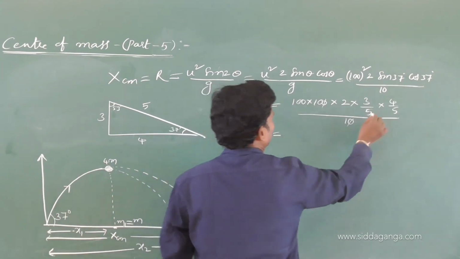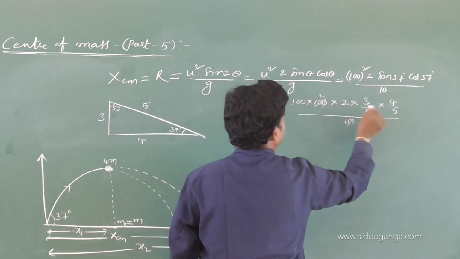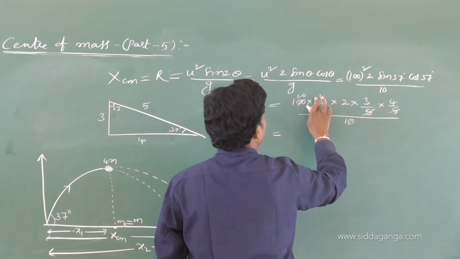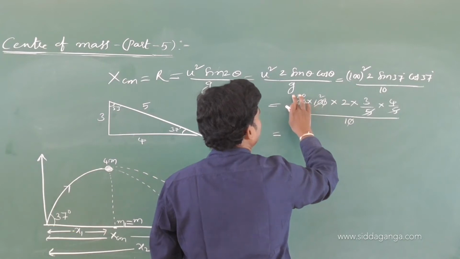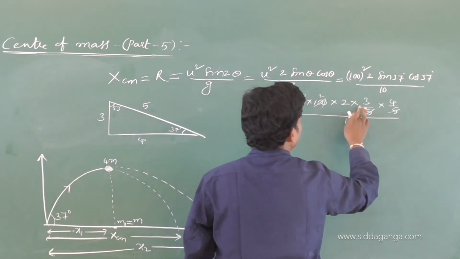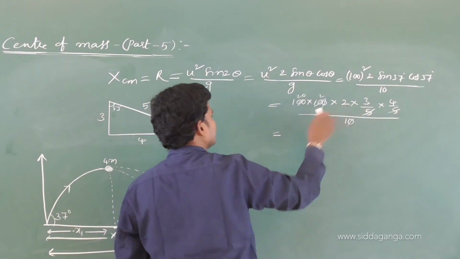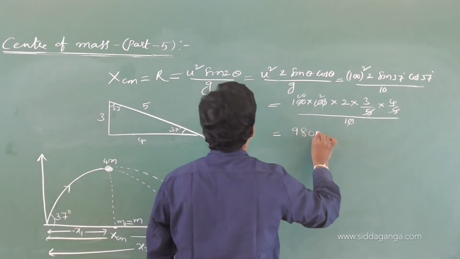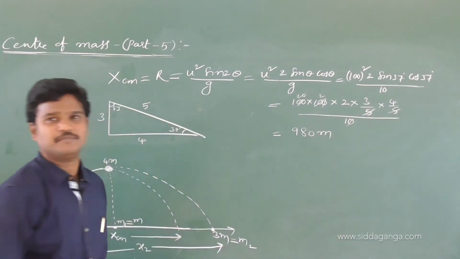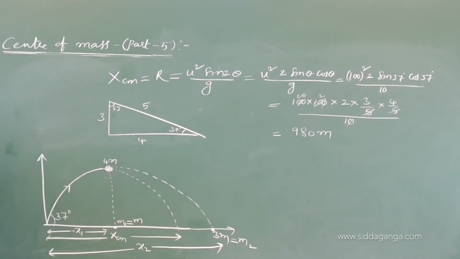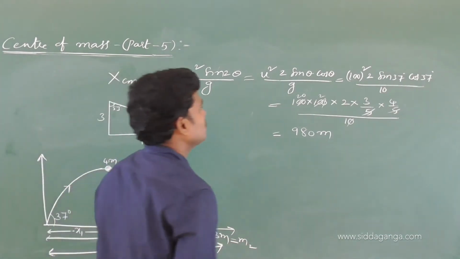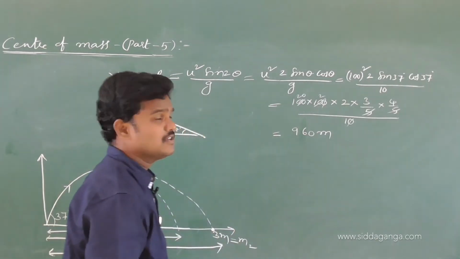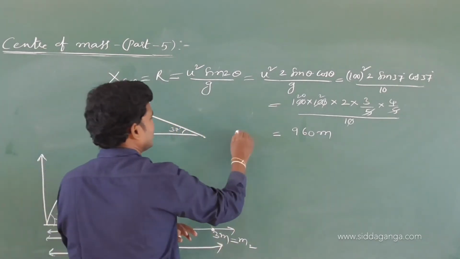So you will get 5 2s are 10, 5 20s are 2, 2 4 8, 3 24. Check it, it is 980 meter. Check this value. 24 4s, the 960 will come, no? So 960 meter. Check these calculations. So I got the range, which is Xcm.